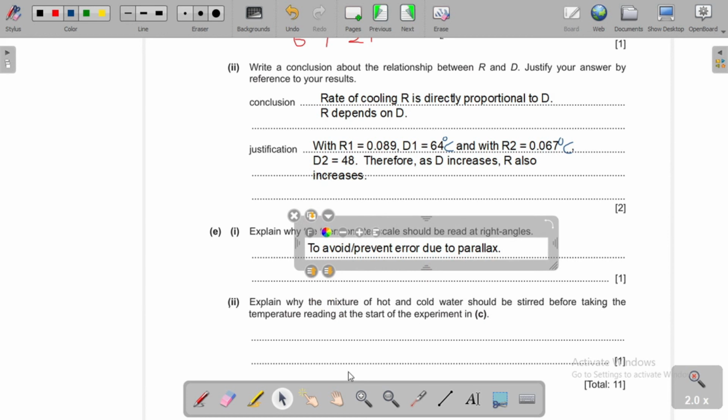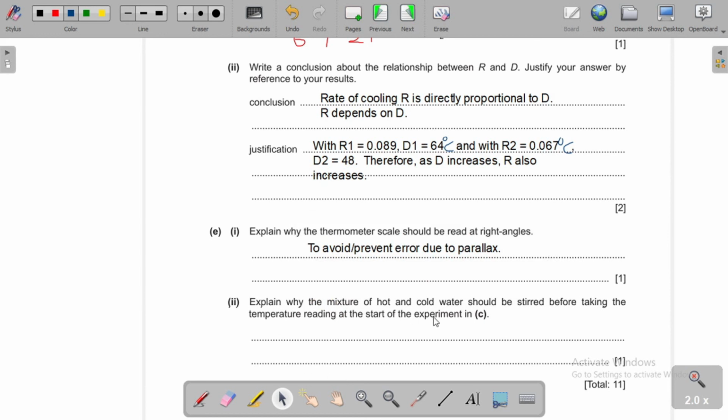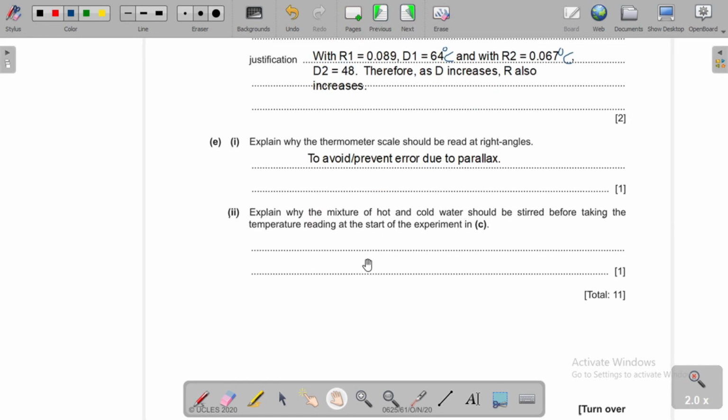Okay, the next one. Explain why the mixture of hot and cold water should be stirred before taking the temperature reading at the start of the experiment. You need to stir the mixture so that the temperature will be even throughout.